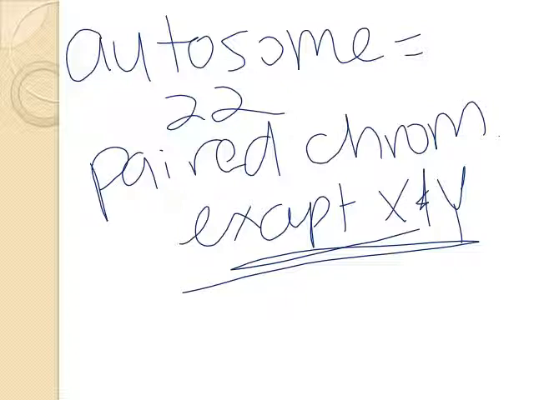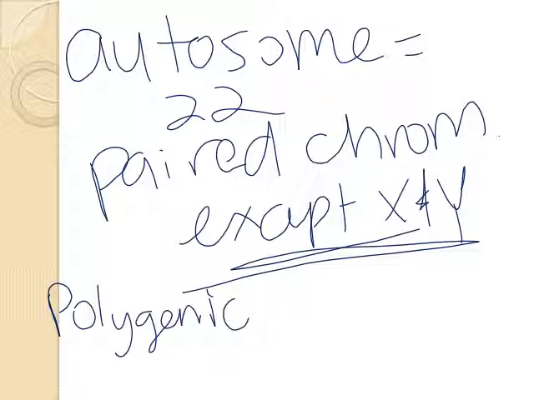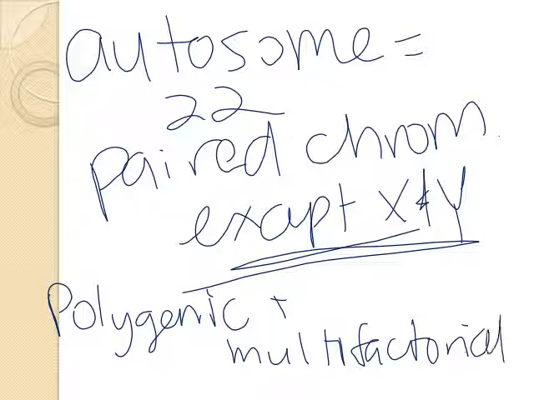Okay. I also didn't really talk about polygenic or multifactorial traits. Oftentimes they go together, and these are things like eye color, height, and a few other ones. Polygenic means that it's influenced by multiple genes, okay?